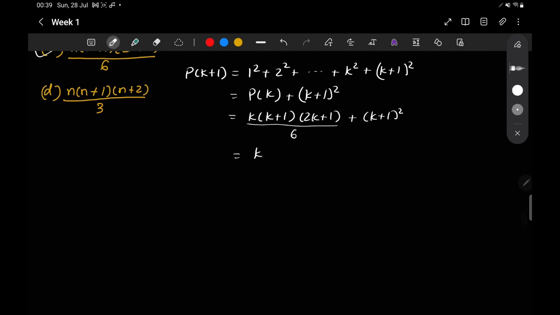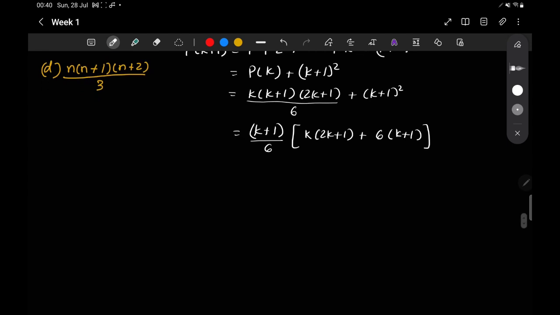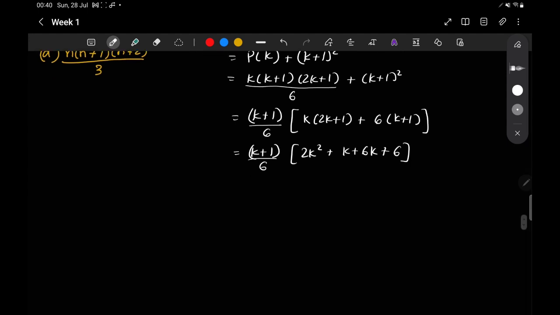Now we will take k plus 1 common. Now let us look at this term in square brackets.